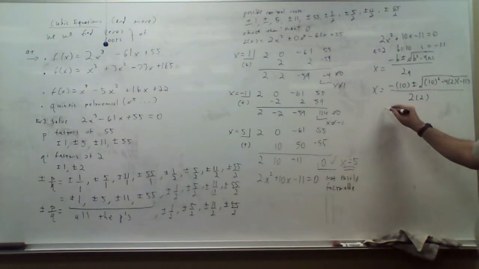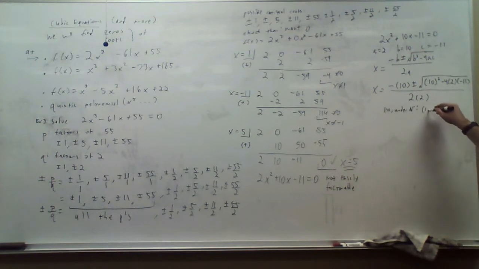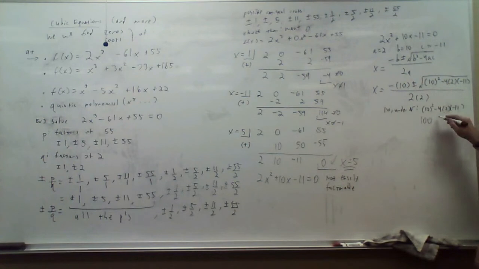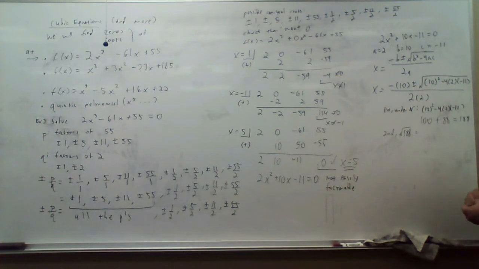First, under the radical: 10 squared minus 4 times 2 times negative 11. 100, there's 2 minuses so that's a plus, and that's 88. So that's 188. Second, the square root of 188. We'll have to simplify that radical. It's divisible by 4, a perfect square. 188 divided by 4 is 47.